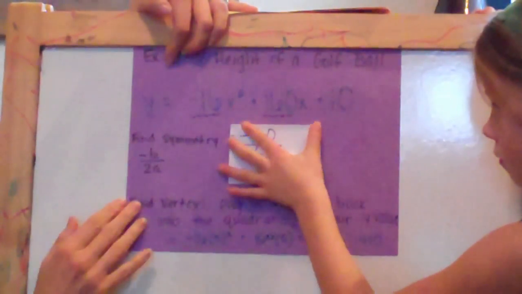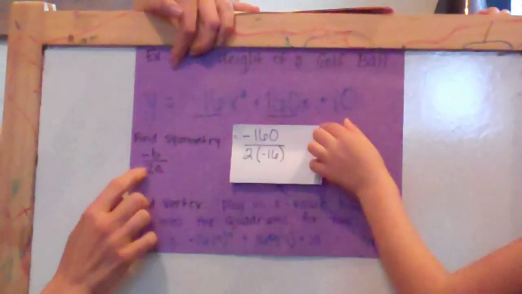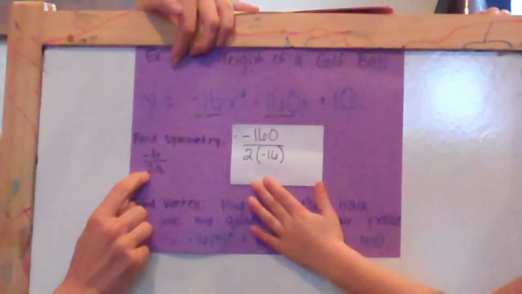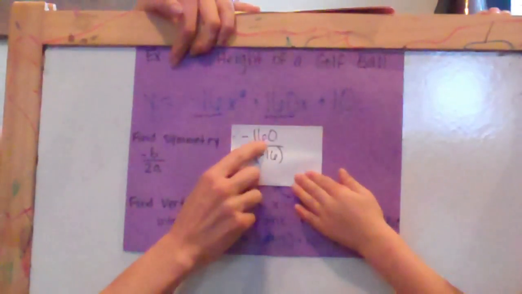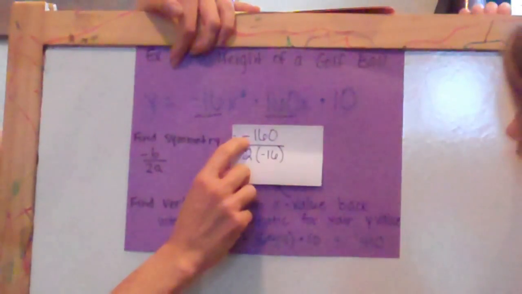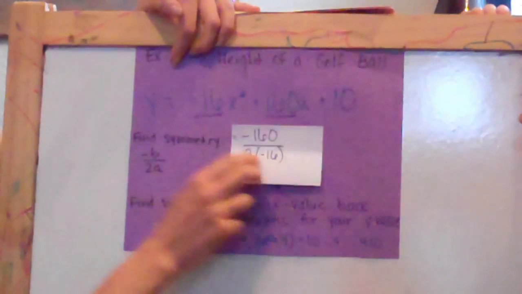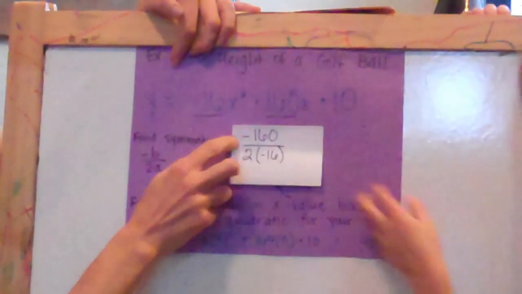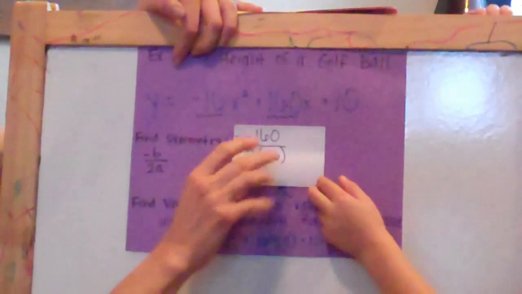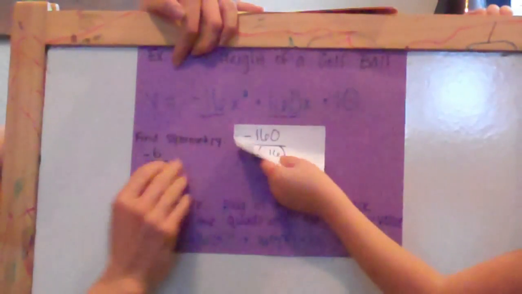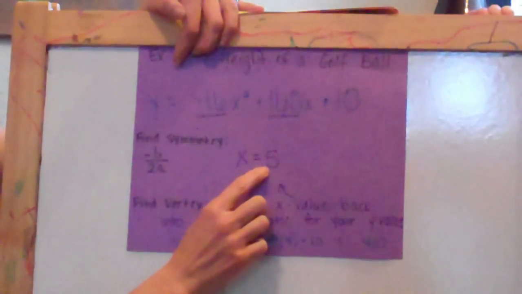So I'll use that line of symmetry formula again, which was negative b over 2a. I'll put in my b, which is 160. I'll make it negative, divided by 2 times my a. And again, double negatives. When I simplify this fraction, I get x equals 5.